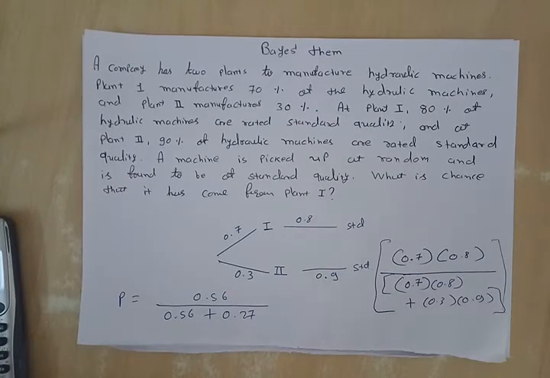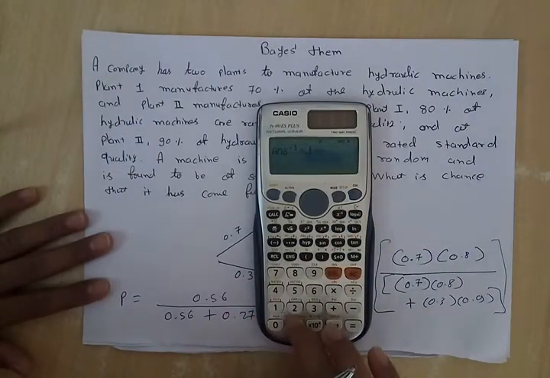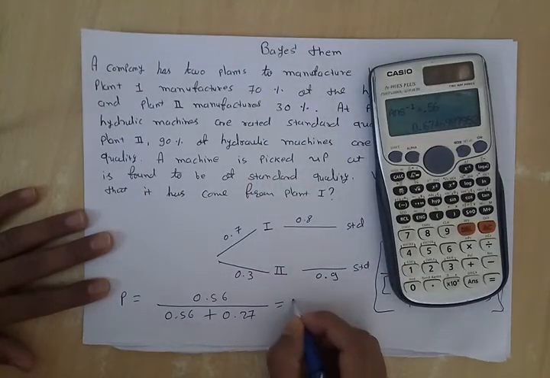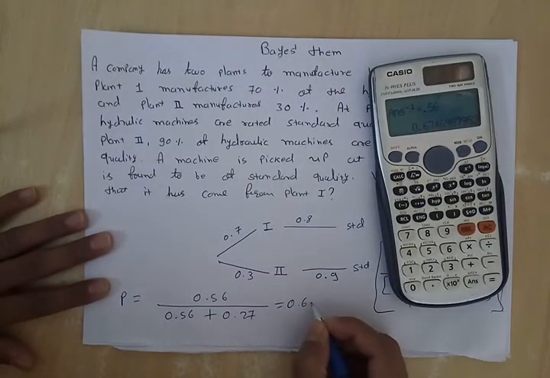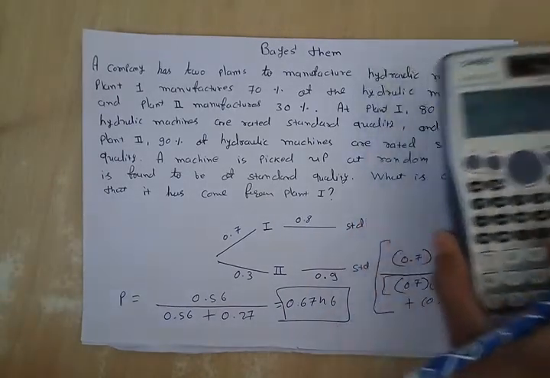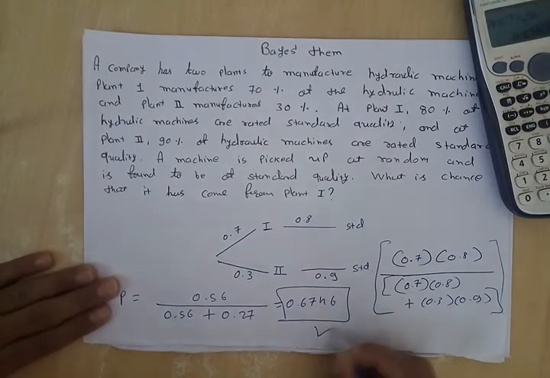So 0.56 plus 0.27, let me take the inverse and multiply with 0.56. So it is 0.6746. So this is the probability that it came from machine 1 given it is of standard quality. Let me check with the answer. Yes, it is true. So this will be your final answer.